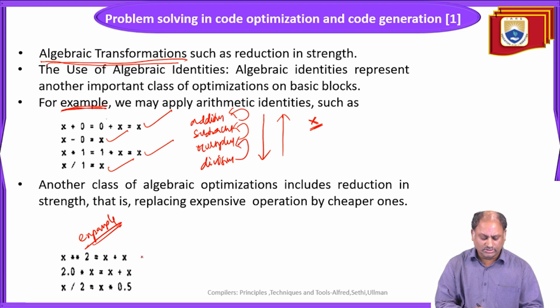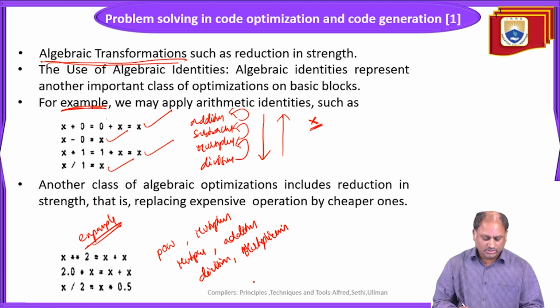Another example also relates to algebraic transformations. Here we use a power operation x power 2 and multiplication instead of power multiplication. Here multiplication, instead of that we are going to use addition. Here division, instead of that we perform multiplication by a constant float value.